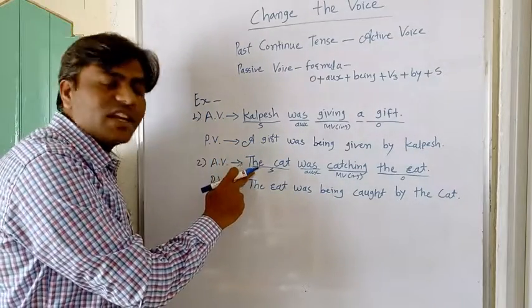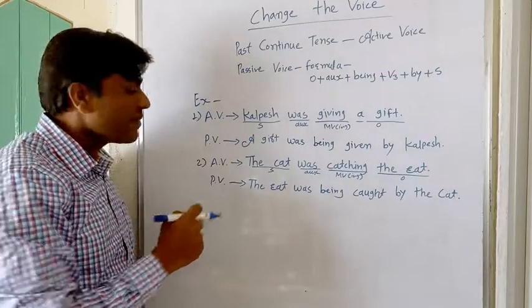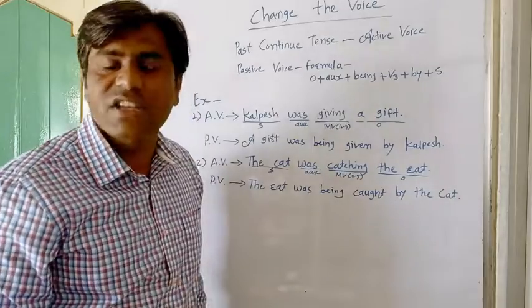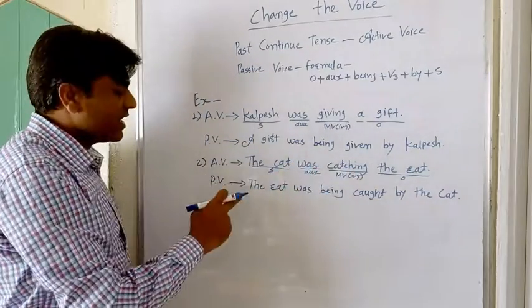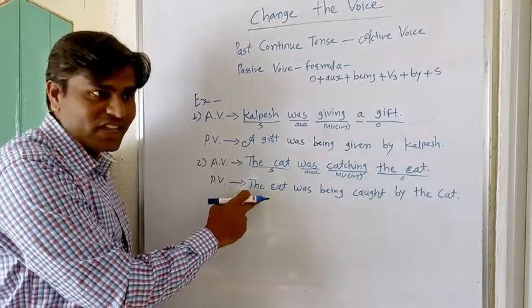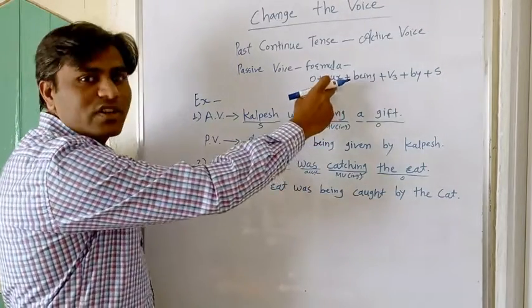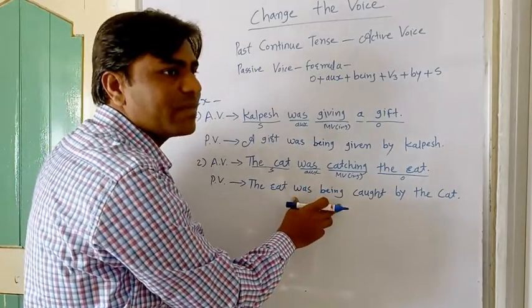Then in this sentence also we underline all the parts, divide the sentence and write subject, auxiliary verb, main verb plus ing and then object. Okay. Then we put the object into the passive voice like this. The rat. Then we use was because it is the auxiliary verb in the formula. Was and being.